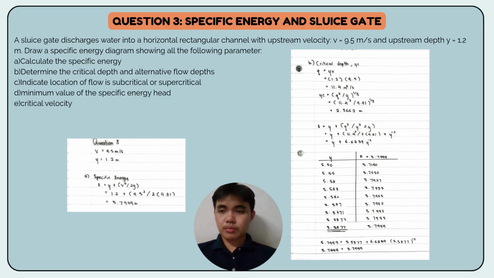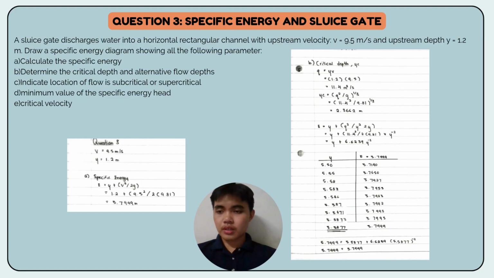First, we must find the specific energy. E equal to 1.2 plus 9.5 squared over 2 times 9.81, and we get 5.7999 meters.